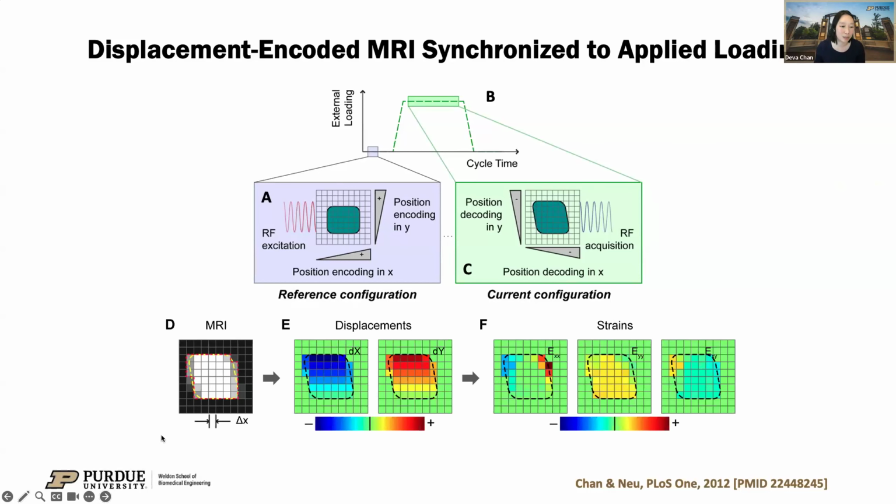And so when we look at that MRI data, we can extract directly these displacements in the X direction, Y direction, and if we were doing this out of plane, we could do this in the Z direction as well. And we're able to take these displacements, which give us a change in location for every single pixel within the tissue, where we take those displacements and we're able to calculate the overall strains or the full field strains inside a tissue of interest.